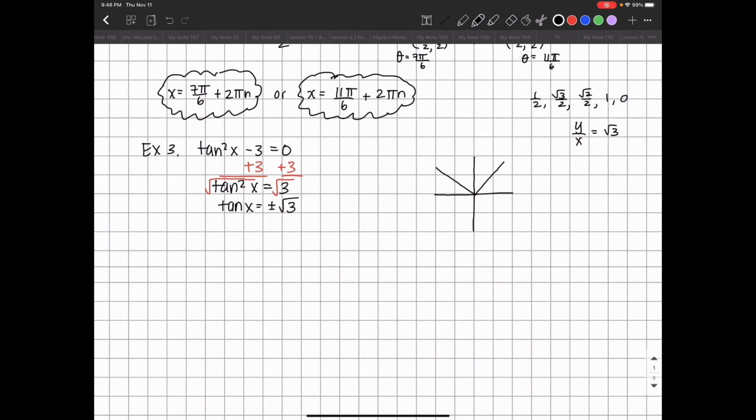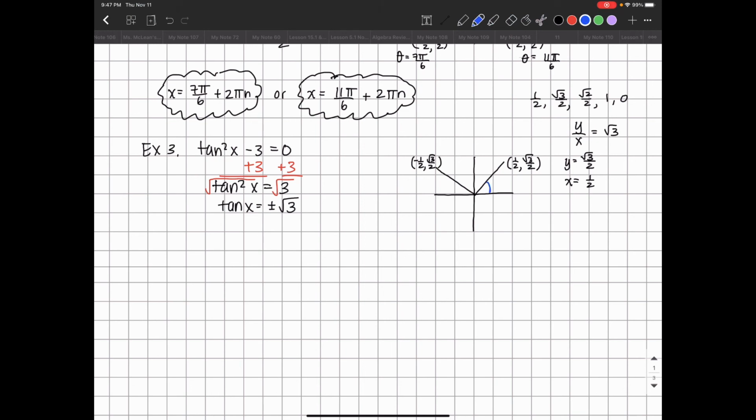And that would be where y is the square root of 3 over 2 and x is 1/2, because if I divide those two, I'm going to get the square root of 3. So I want the x value to be 1/2, and the y value to be square root of 3 over 2. For this one, that's for positive square root of 3, and then for negative square root of 3, I would have negative 1/2 and square root of 3 over 2.